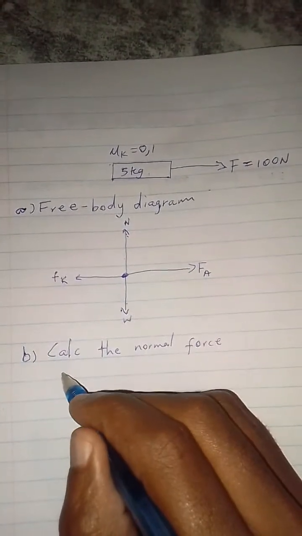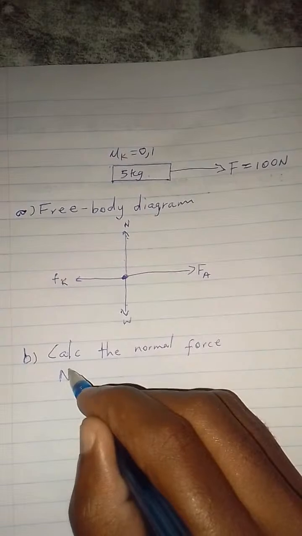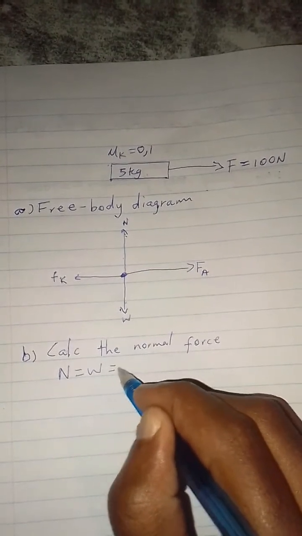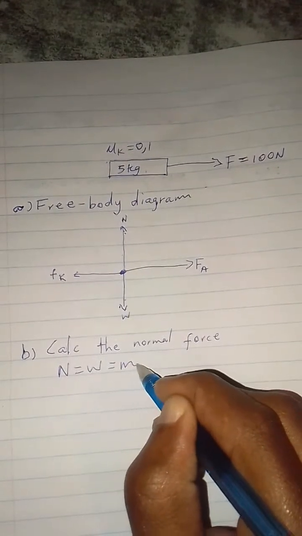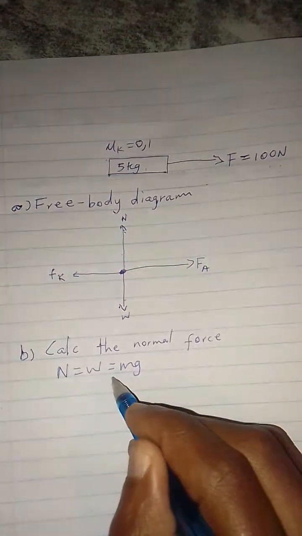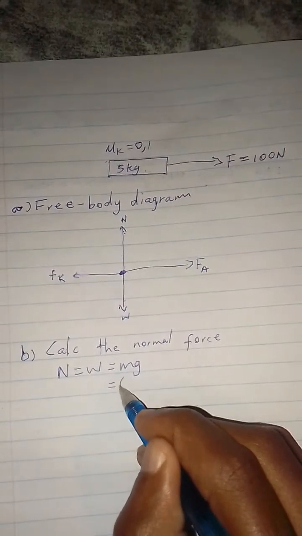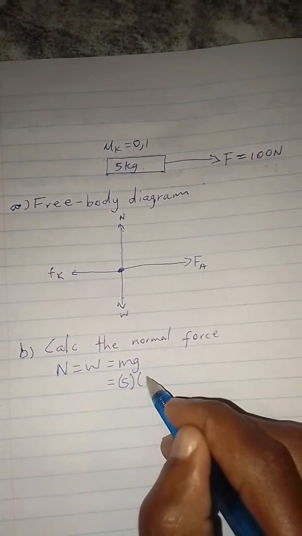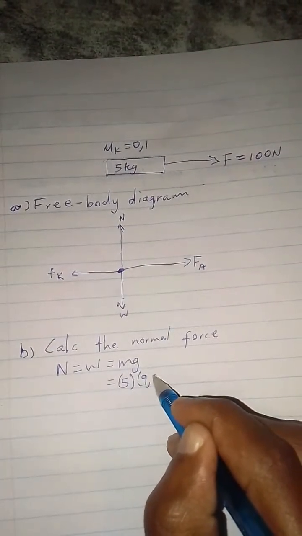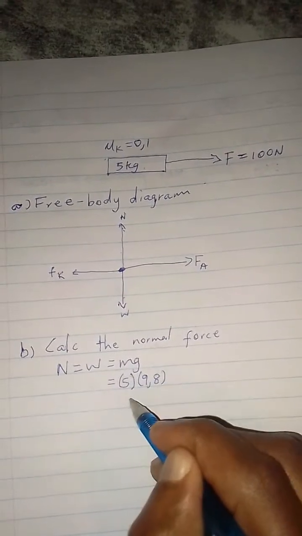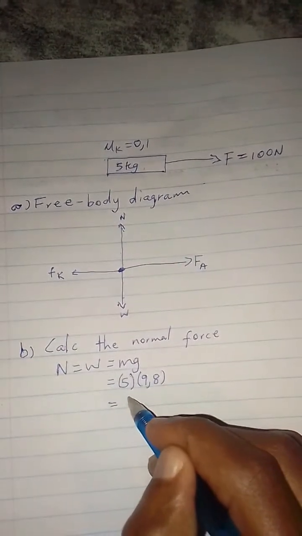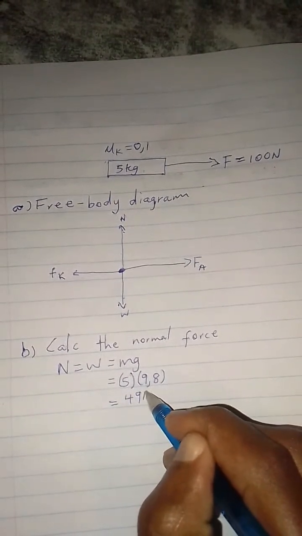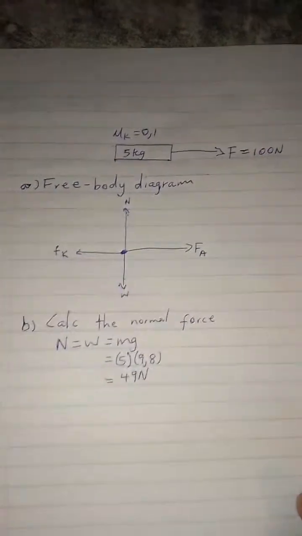So here we have N is equal to W, equal to mg. The mass for this block is 5. This is constant, so it's gonna be 49 newtons. Then we are done.